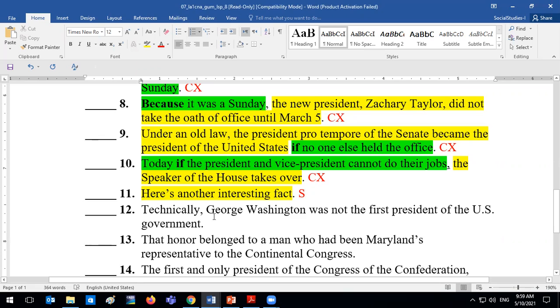Technically, George Washington was not the first president of the U.S. government. Perfect. Miss, what does it want me to do? I need you to first tell me if you have any subordinate clauses or any subordinate conjunctions, and then tell us which is the independent clause and which is the subordinate clause, if any, and then identify your sentence, whether it's simple, compound, complex, or compound complex.